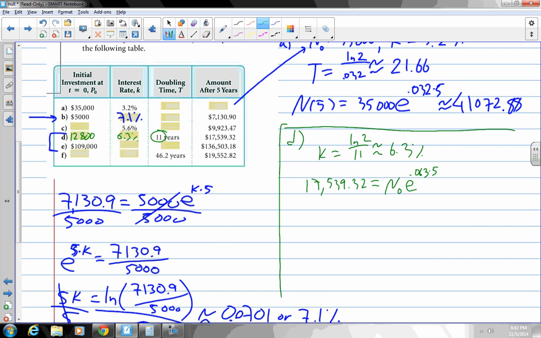So that's a linear equation. You just solve for the initial amount by dividing $17,539.32 by e to the power 0.063 times 5, and if you plug it in your calculator correctly, 12.8.